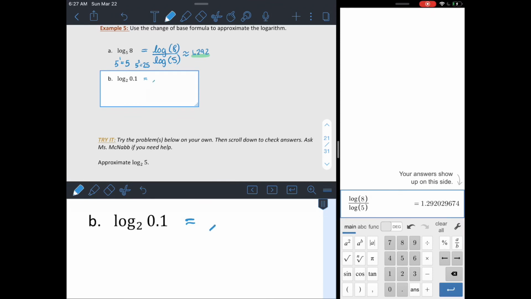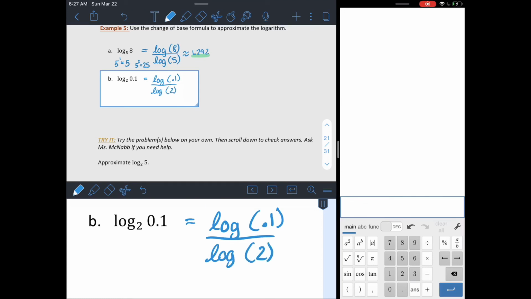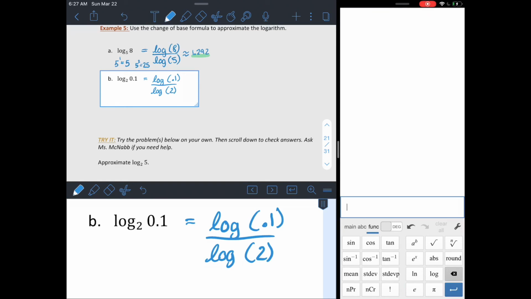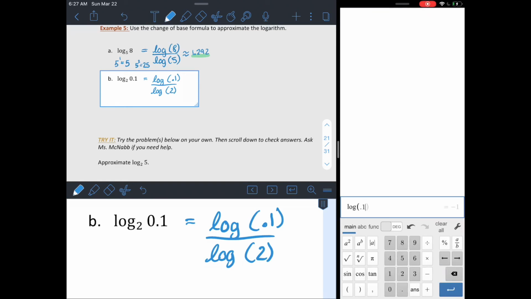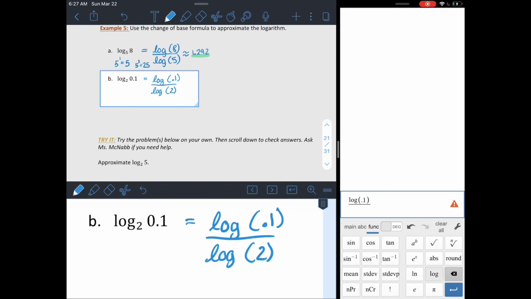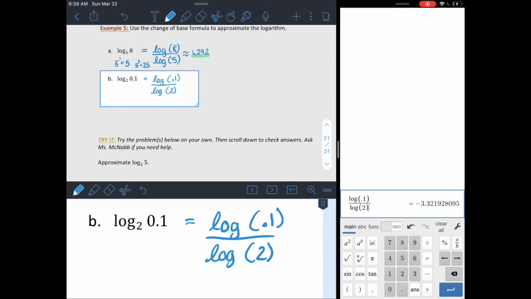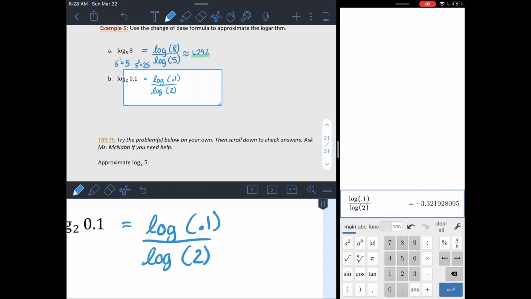Exact same thing, we could do log base 10 of 0.1 divided by log base 10 of 2. You could also do natural log on these if you want. So you'd have log of 0.1 divided by log of 2. And you should get approximately negative 3.322.